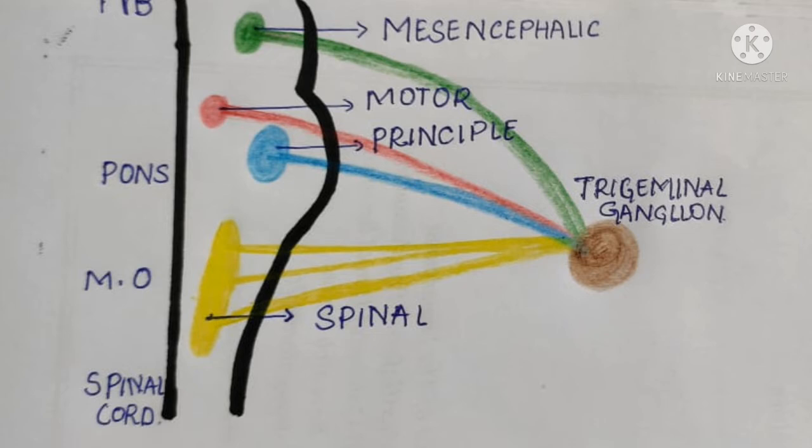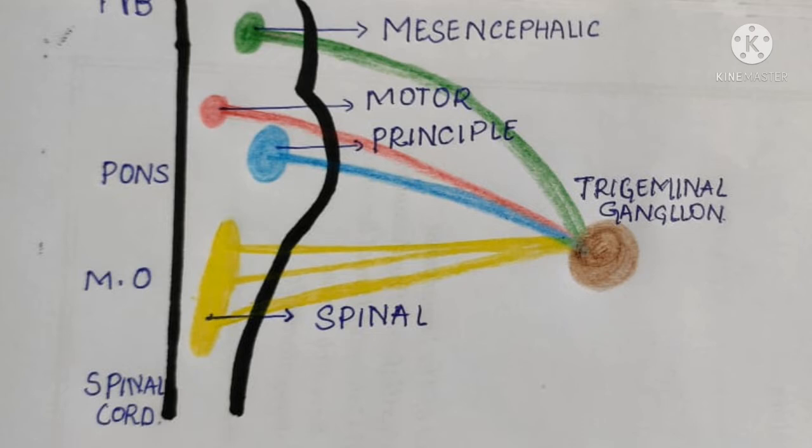Principal, which is situated at the pons, and this is also sensory. Spinal nucleus, which is situated at the junction between the medulla oblongata and spinal cord, which is also sensory, and the motor nucleus, which is situated at the pons, and this is motor.